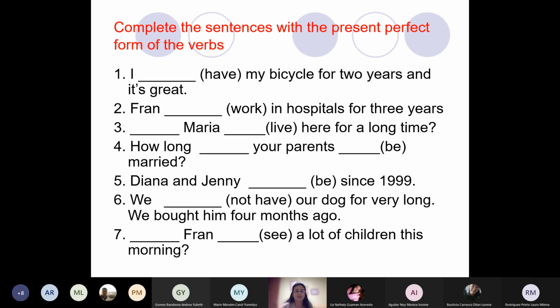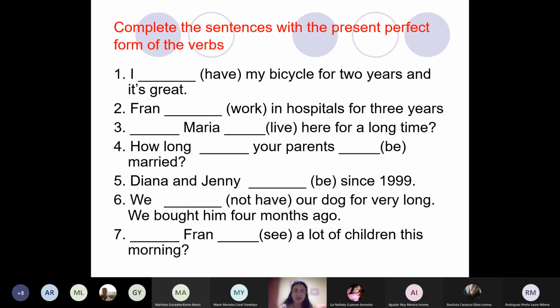Number 2. Fran worked in hospitals for 3 years. What is the present perfect tense? Go ahead, Kevin. Fran has worked in hospitals for 3 years. Very good, Kevin. Congratulations.